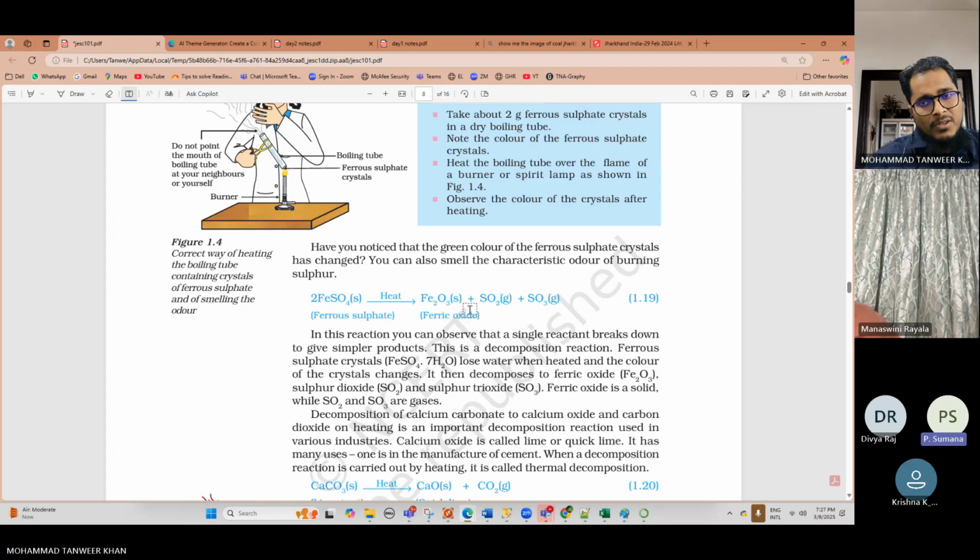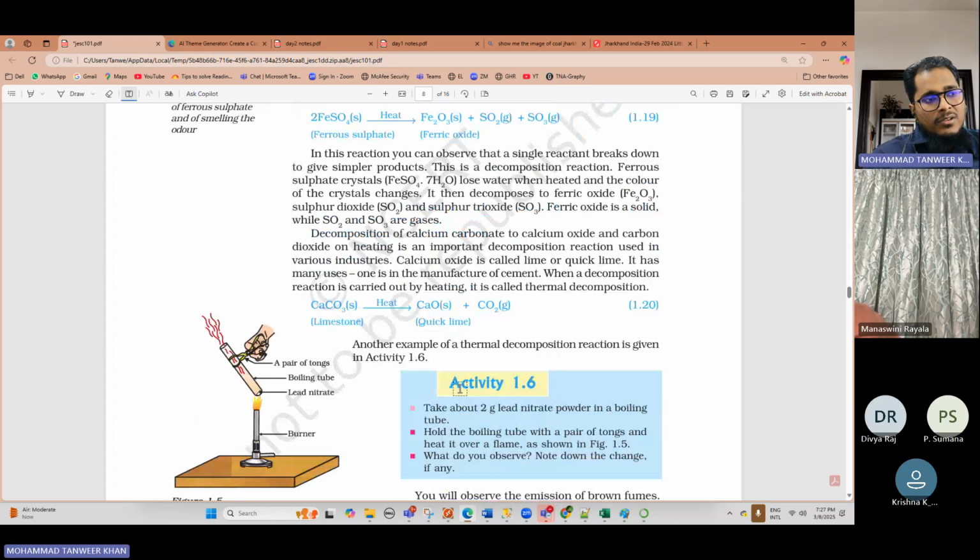Now see another example: calcium carbonate, limestone. When you apply heat to it, you get CaO, quicklime, that is calcium oxide, plus carbon dioxide. So this is also an example of decomposition reaction. Is this clear?